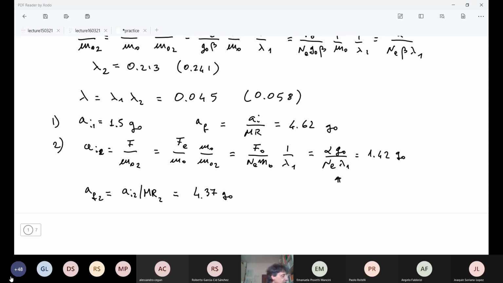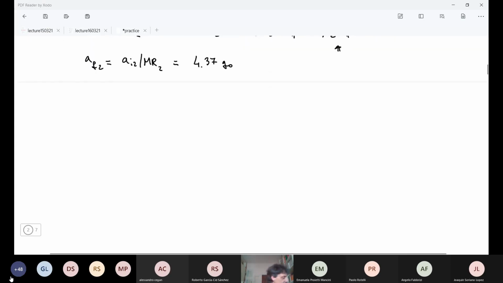Let me see. Yes, another interesting exercise about the thrust weight ratio, this second exercise.